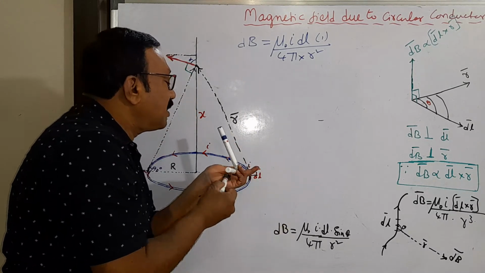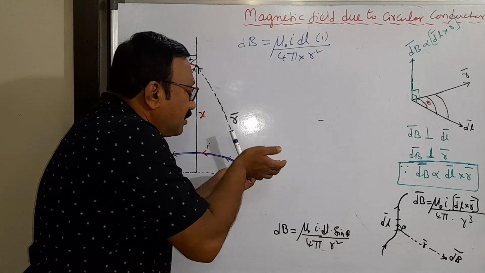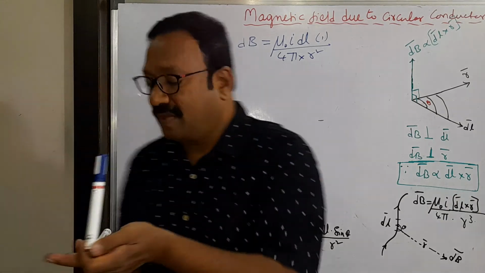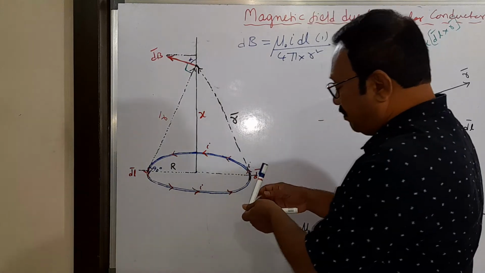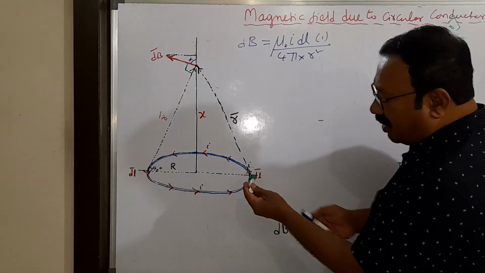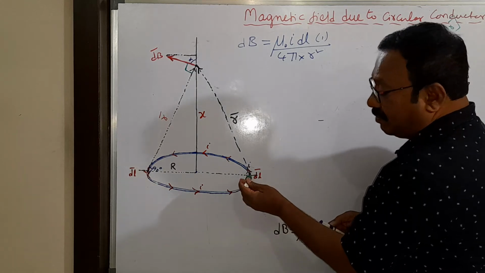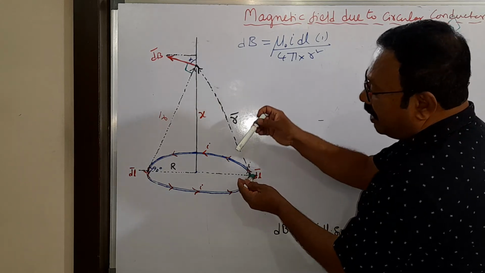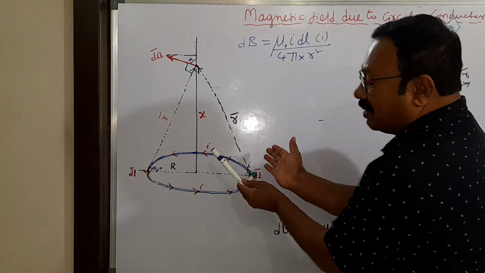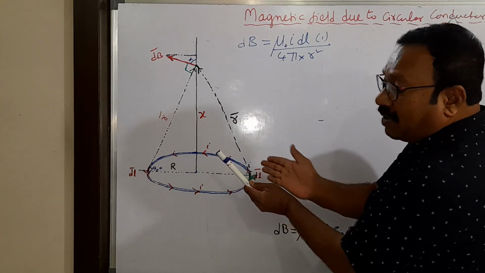Where is dl bar cross r bar? See, I have to move your fingers from dl to r. Let me take like this. This is inward. dl bar is inward and this is r bar. What do I want? I want dl cross r.